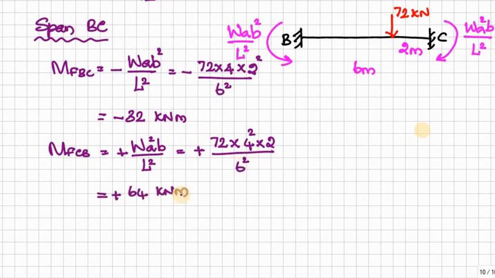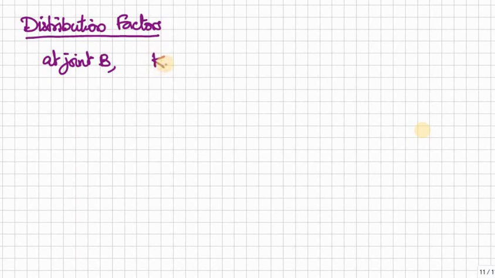So once fixed end moments are over, the next step is to find out distribution factors by considering each joint separately. So first consider joint B. Considering only interior joints, at joint B we have more than one member meeting.